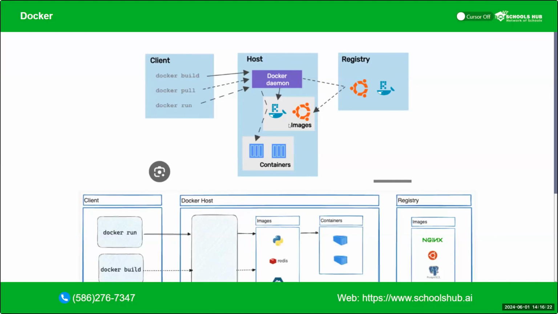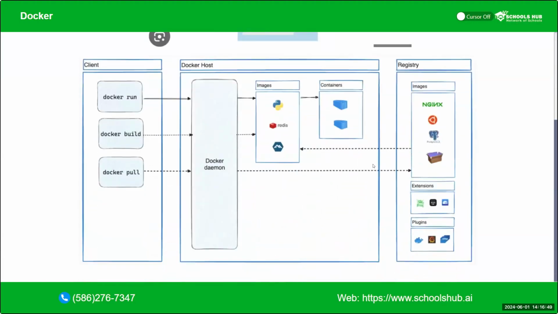The Docker daemon is a core component of Docker, and it is responsible for managing Docker objects such as images, containers, and registries. It takes all the API requests, processes them, passes them to containers, and creates the images using those instructions. So that's how Docker mainly works.